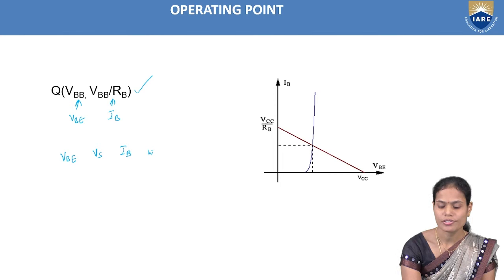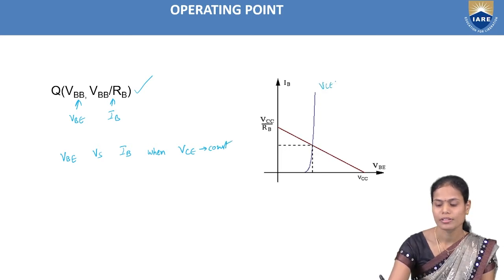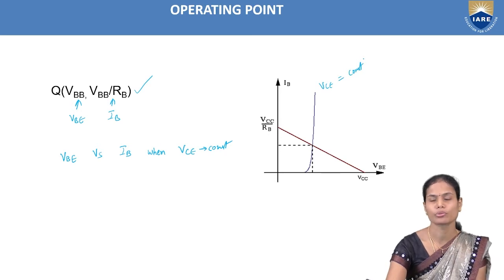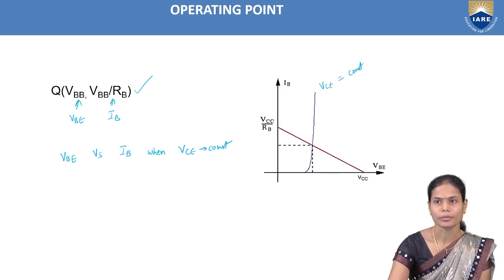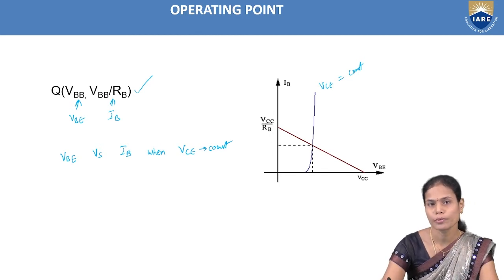While drawing this, the output voltage VCE should be constant, some constant value such as 1 volt or 2 volts. We first fix the output voltage as a constant value.